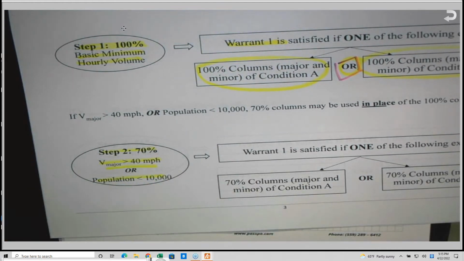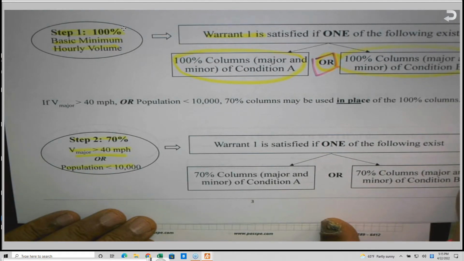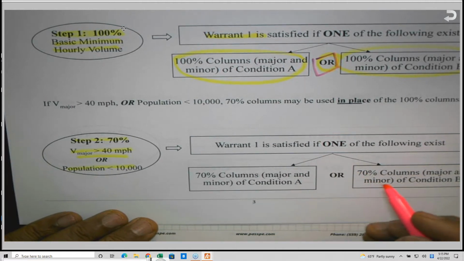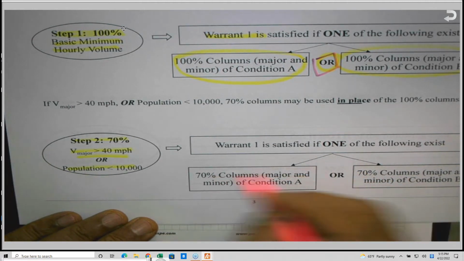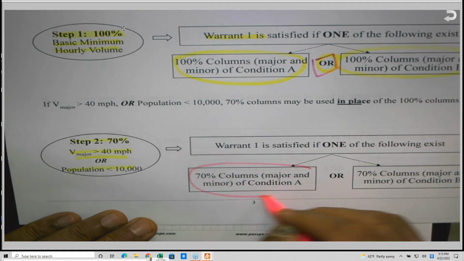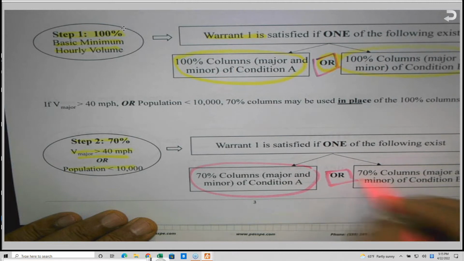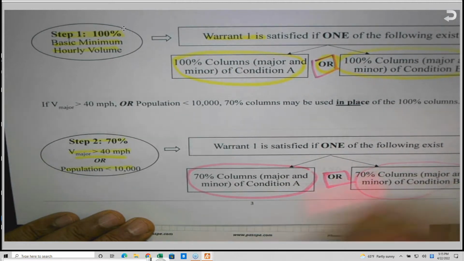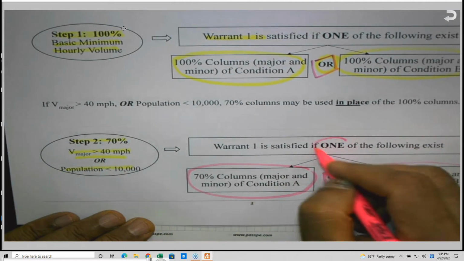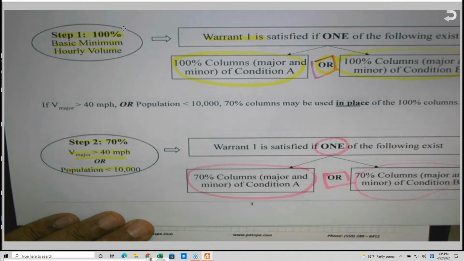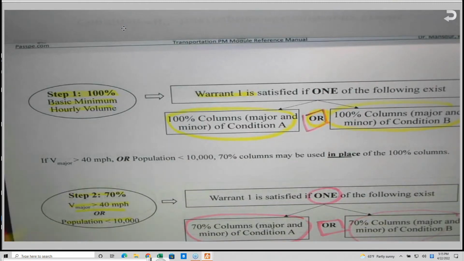If the 70% column in condition A or the 70% in condition B. Either one, I need only one, either this or this. And I need also this one.